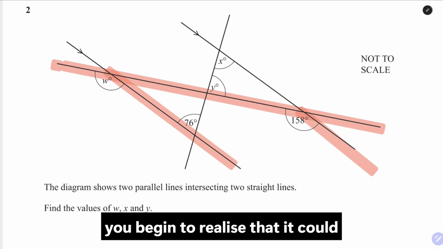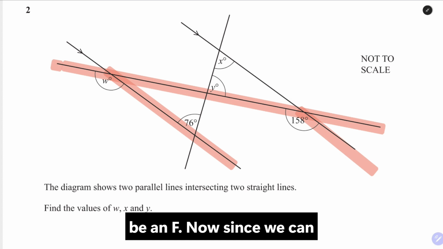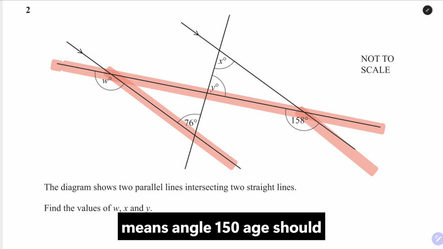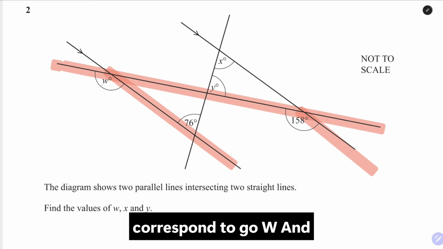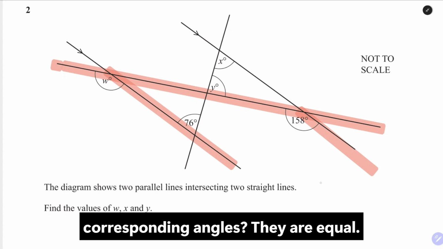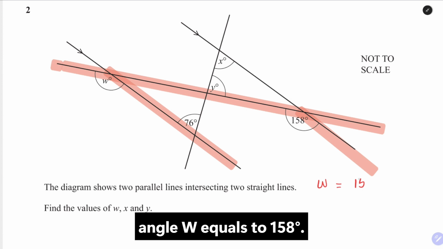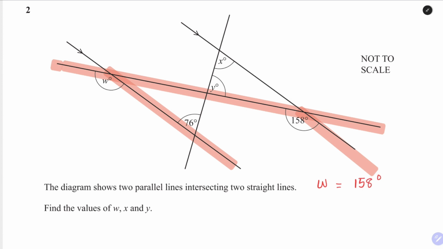Looking at this, you begin to realize that it could be an F. Now, since we can trace an F, it means we have corresponding angles here. It means angle 158 should correspond to angle W. And what is the thing about corresponding angles? They are equal. So therefore, we know that angle W equals 158 degrees.